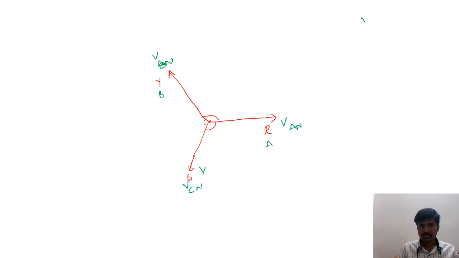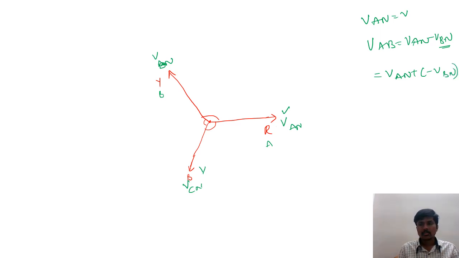Here we know that VAB is equal to VAN minus VBN. VAN is already there, but we don't have minus VBN. This you can write as VAN plus of minus VBN. That means here minus VBN we should consider.